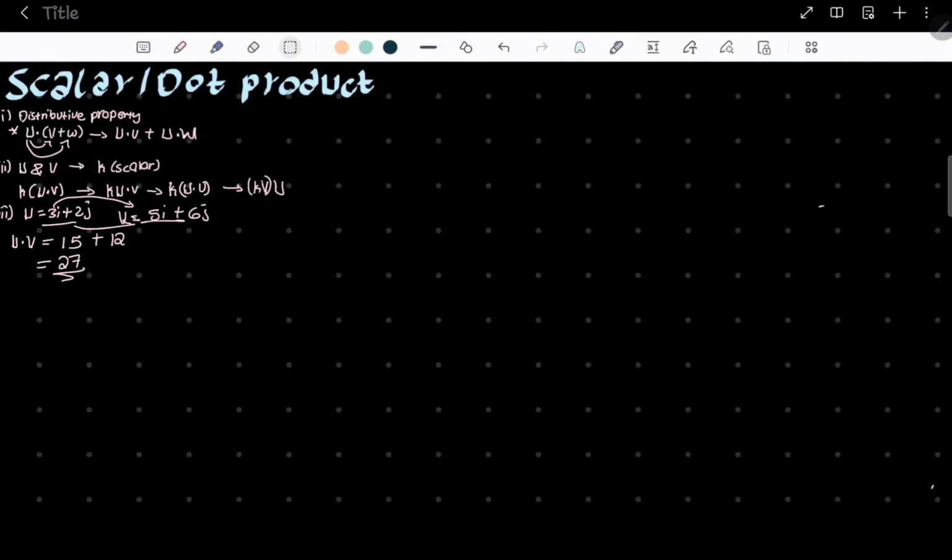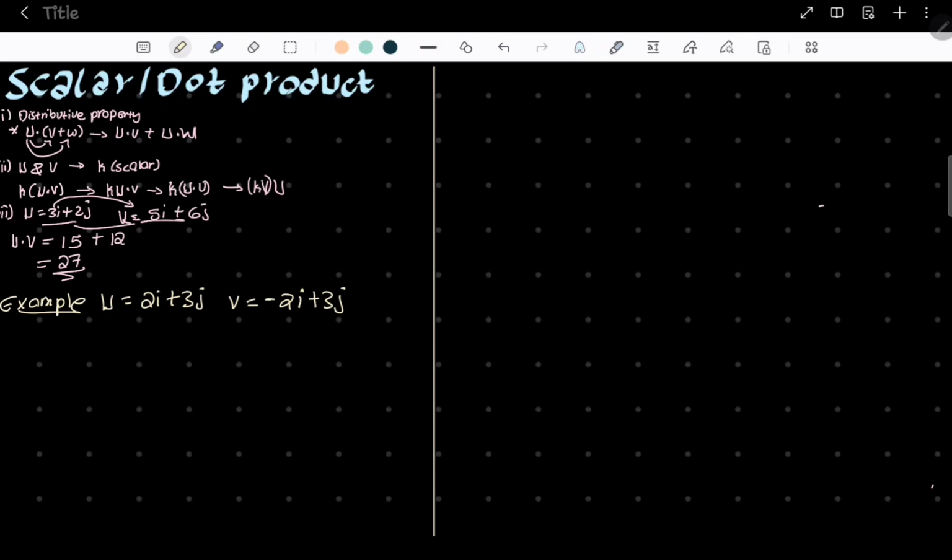Now we're gonna look at a bunch of example questions based on our previous properties. The first one is we will be finding the cosine of the angle between two vectors. As you can see, when we're given these two vectors in the form of unit vectors, what we first need to do is find the dot product.